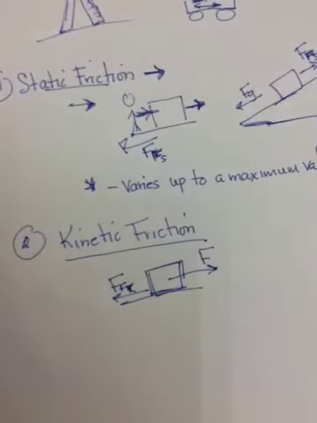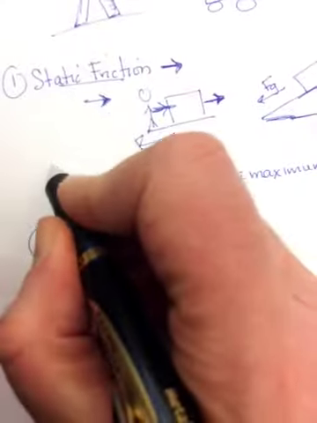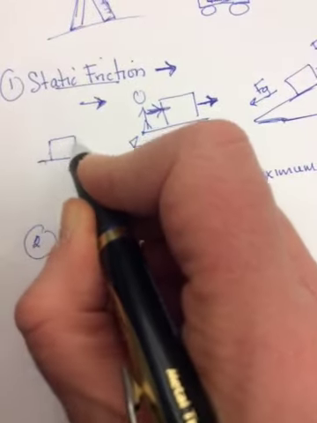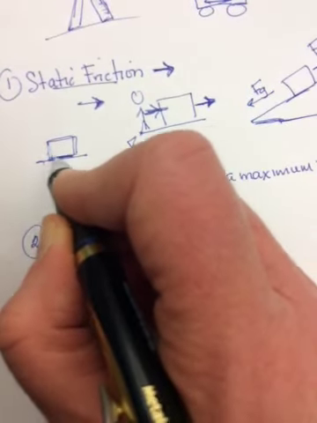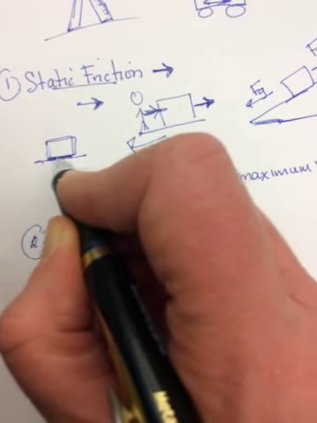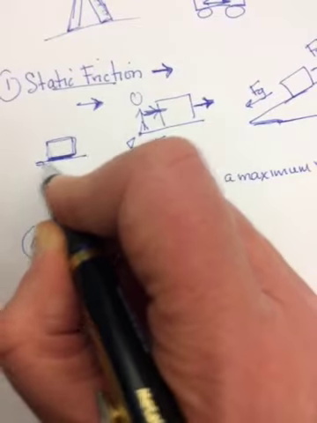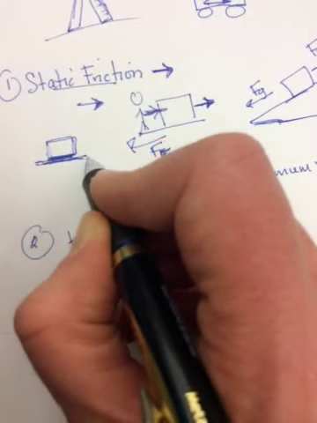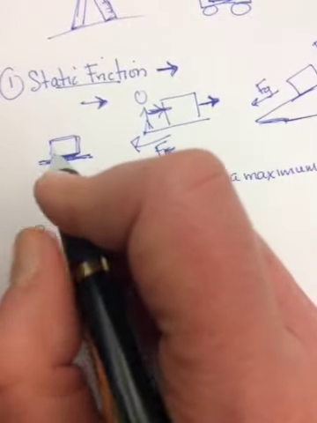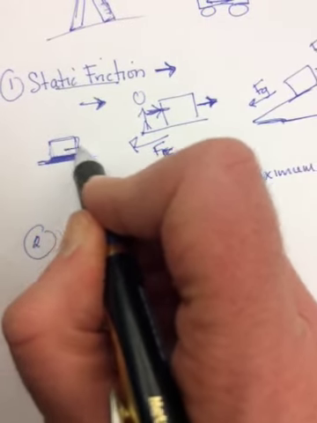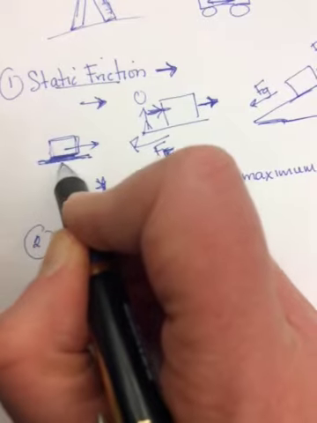Just going back to static friction for a second, to understand it, if you have an object that's sitting on a surface for a bit, there are temporary bonds that build up between the bottom of this object and the floor or whatever it's sitting on. Now you want to move it, you actually have to push with a force big enough to break these bonds.